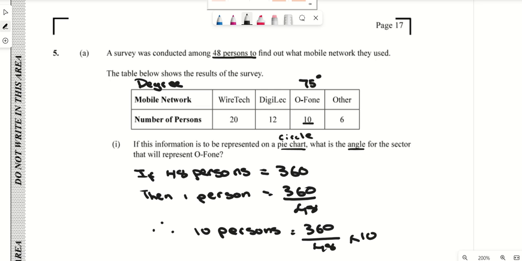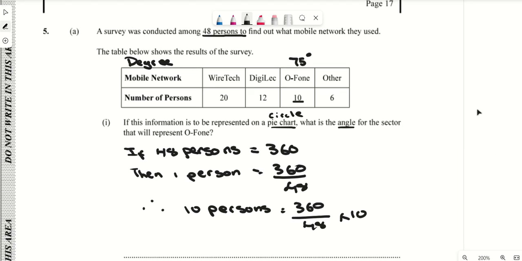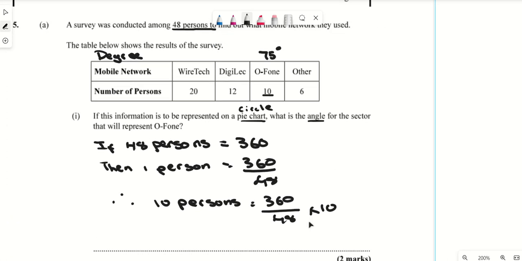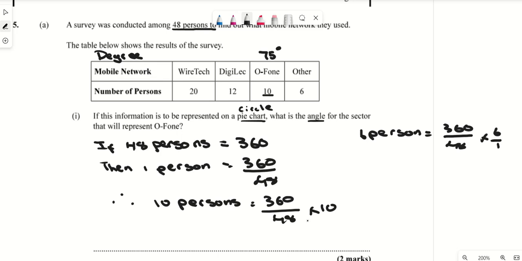And from this, you can find out how many degrees is the rest of them. So let's do it really quick. So we know 10 persons is this. So other, which is 6 persons, would be 360 divided by 48 multiplied by 6 over 1. When you do that, you're going to get 45 degrees. So we know 6 is 45 degrees.